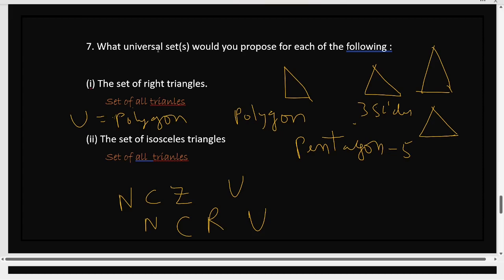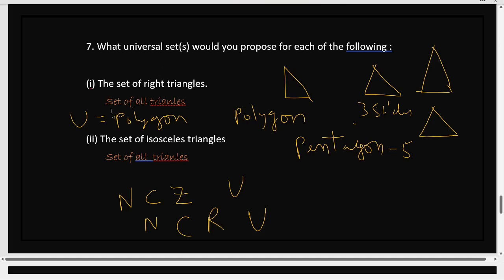See, what universal set(s) would you propose for each of the following? This has a meaning in that: you can have one universal set or you can denote more than one. That means there is more than one possible answer. Let us see why.